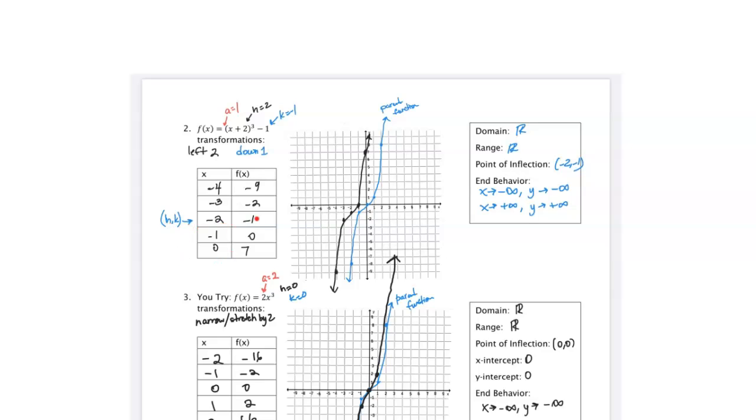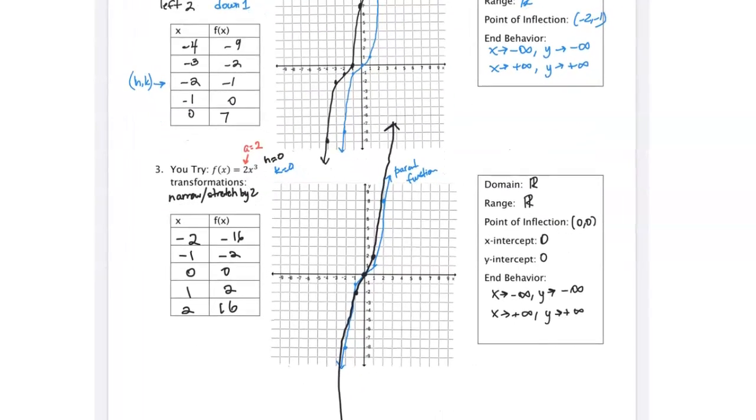Again, in the middle of the table, we have our point of inflection, which is -2, -1. Our domain and range are both all real numbers. As for end behavior, as x goes towards the left, we are going down towards negative infinity. And as we go towards the right, we end up going up, up, up towards positive infinity.